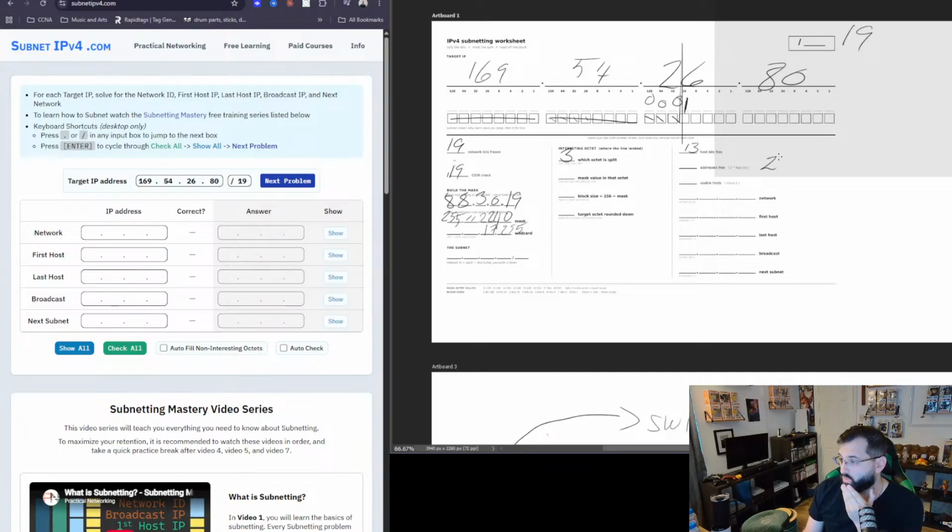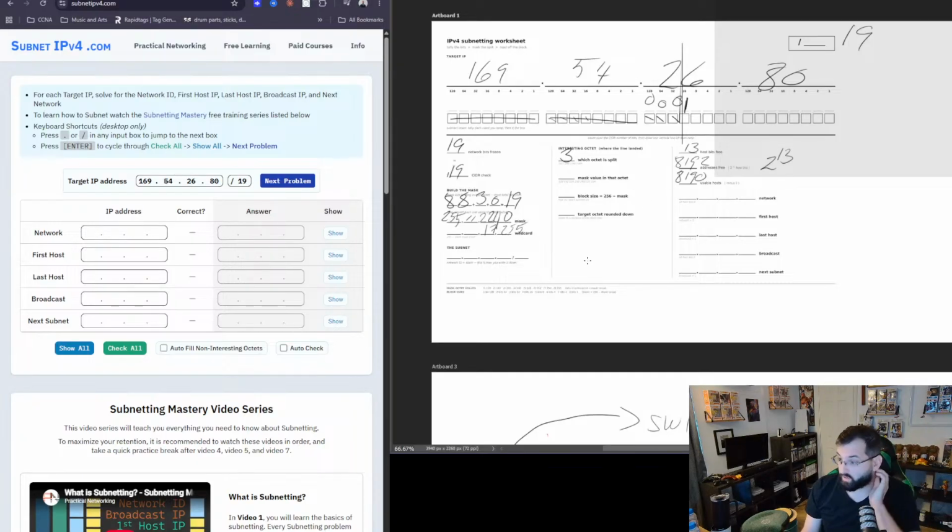So 2 to the power of 13. So our addresses that are free is 8,192. Our usable ones is going to be 8,190.